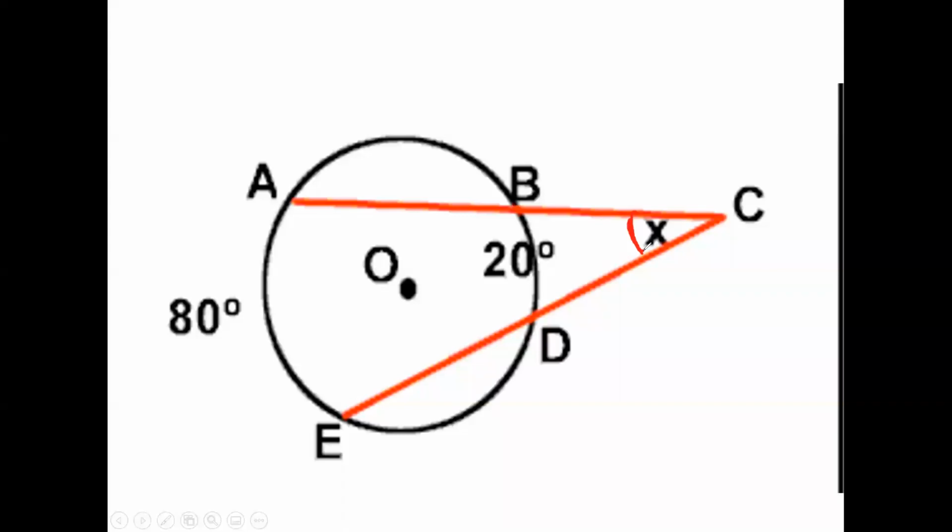Angle ACE, which is formed using the secant AC and the secant EC. So paano natin makukuha ang measurement ng ating pong angle formed by 2 secants outside the circle? So para po makita natin yan, we have this theorem.